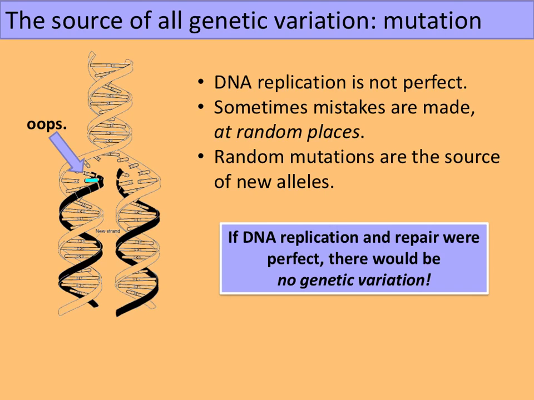Most random mutations, if they're in a non-coding region, have very little effect. If they're in a coding region, they're usually negative, because they disrupt a protein that's configured very specifically. If you change the amino acid, you're likely to change the protein in a way that makes it less functional.